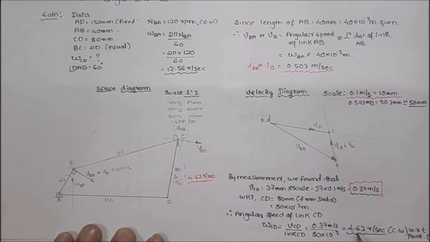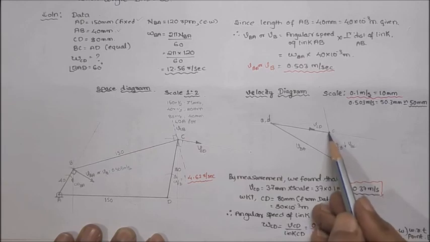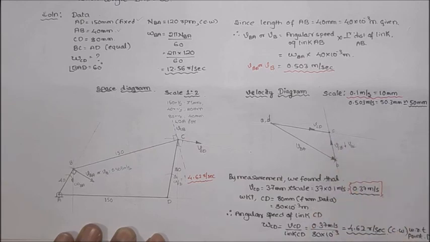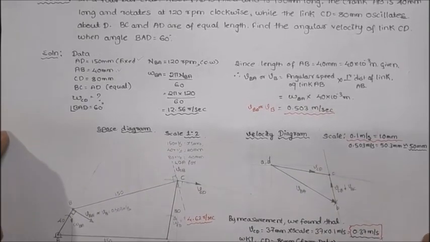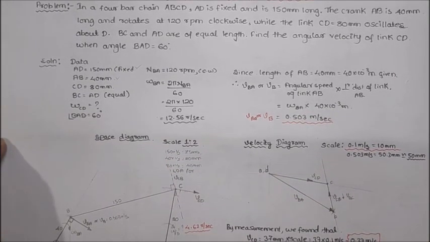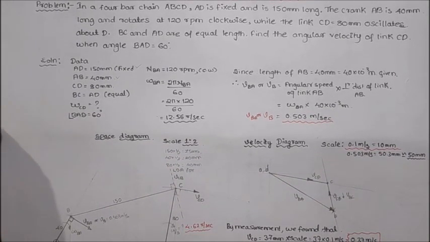Answer for this one is 4.62. Some answers may vary from this value because of some substitution values. So moreover, this will be the better version of understanding. So I hope you have understood this problem. So the problem looks like this. So let me end our session.